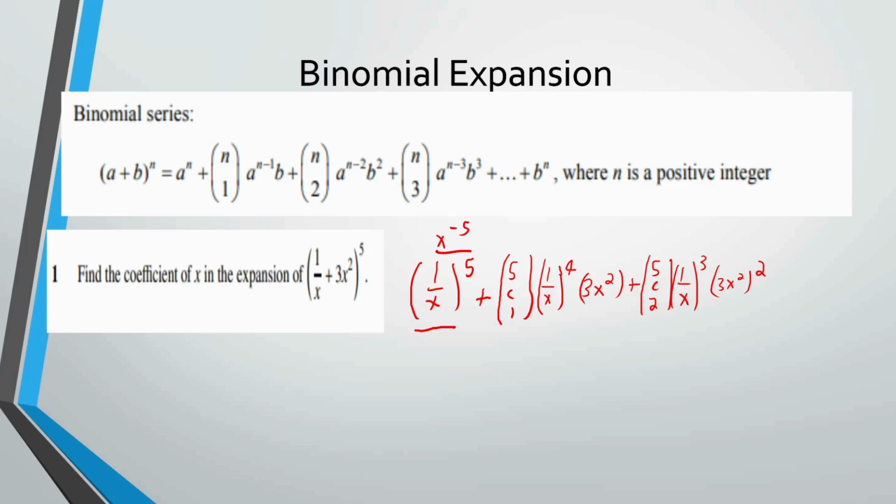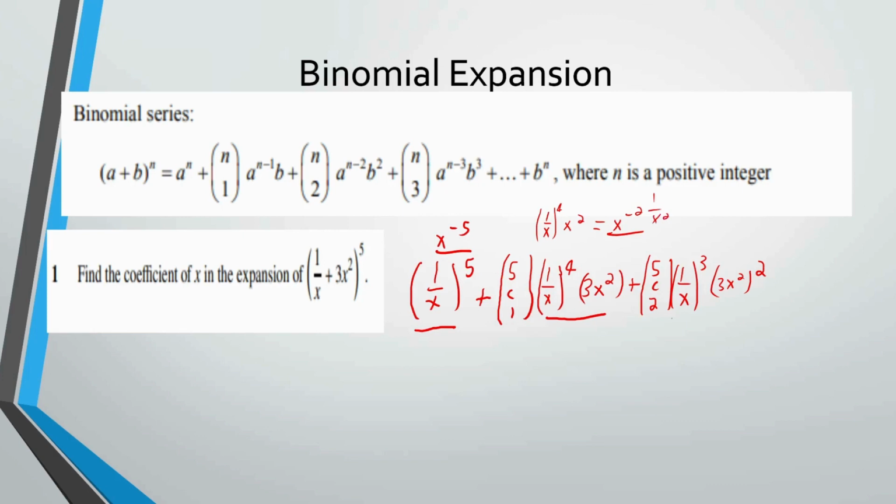So now let's see the second one. If I use this, this will give me 1 over x to the power of 4 and x square. If you try to cancel out the powers, this will give me x to the power of minus 2, which is also not x, or basically 1 over x squared. This is what it is.